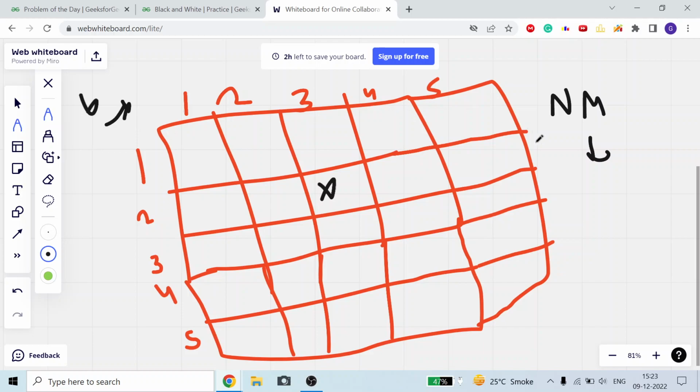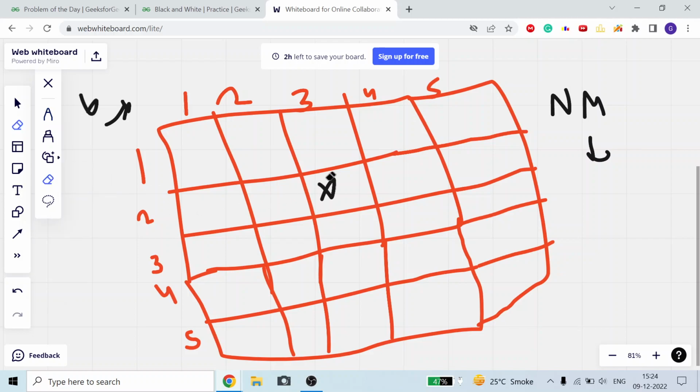Then we find how many cells are available in which I can put a white knight so that it cannot attack me.